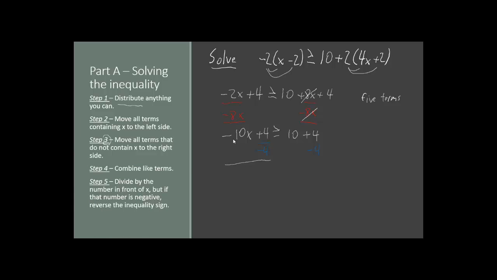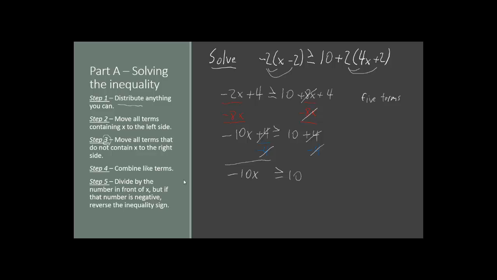So now we have minus 10x on the left, plus 4 and minus 4 cancel out, so we don't write anything else. The greater than or equal to is still there. On the right side, the 10 is still here, and the plus 4 and minus 4, it just so happens, also cancel out, leaving us with negative 10x is greater than or equal to 10.